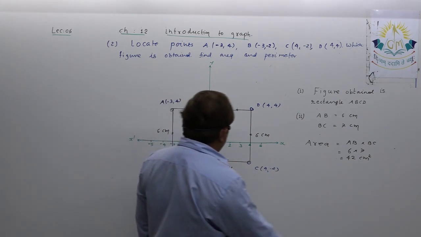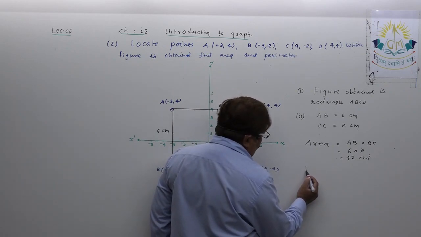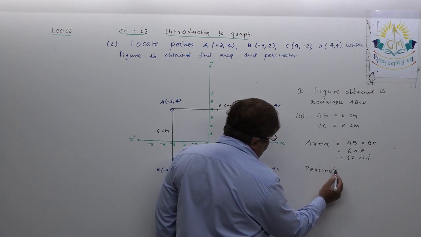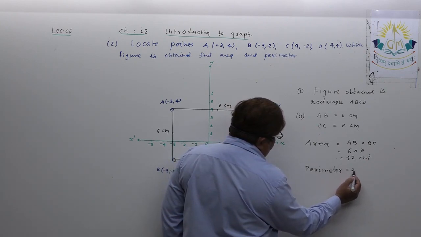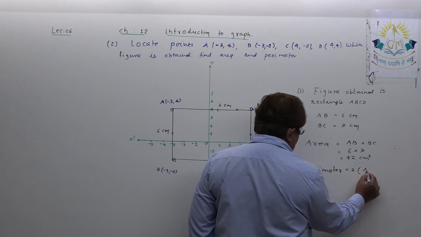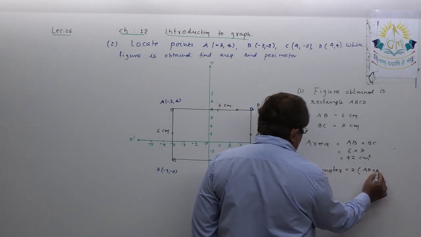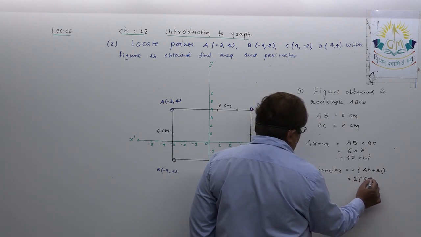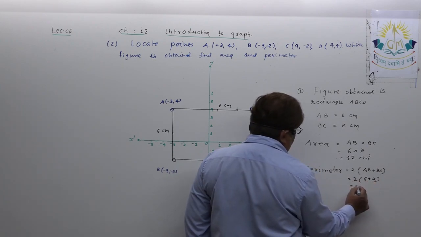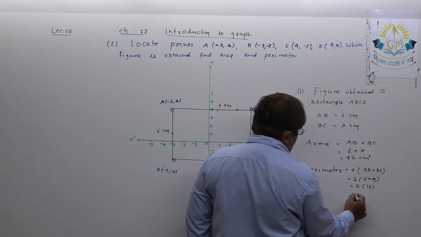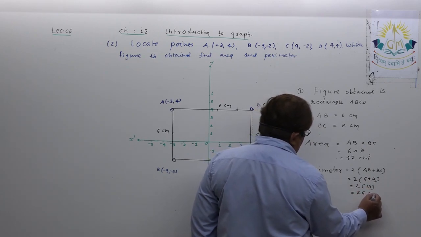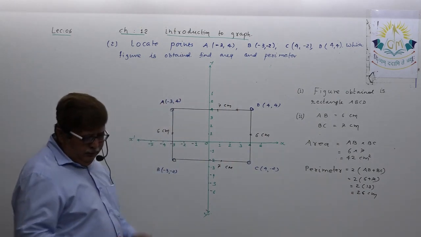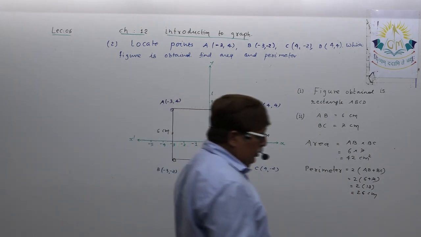If you want to get the perimeter, you all know the formula of perimeter of rectangle. What is that? 2 into length plus breadth. 2 into 6 plus 7. 2 into 13, that is 26 centimeter. Okay. First see the question, dear student. How to do it.